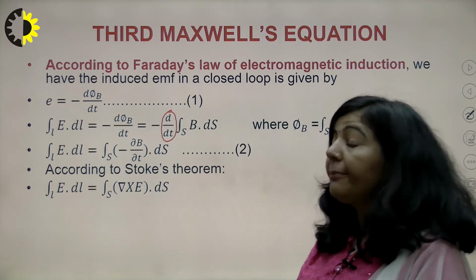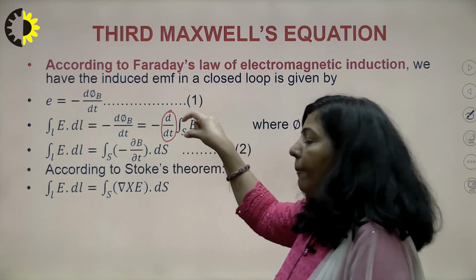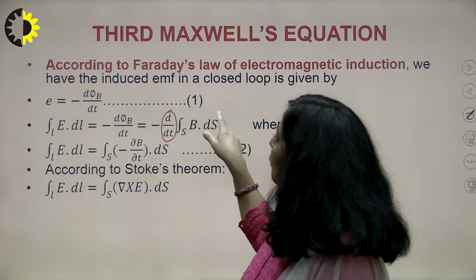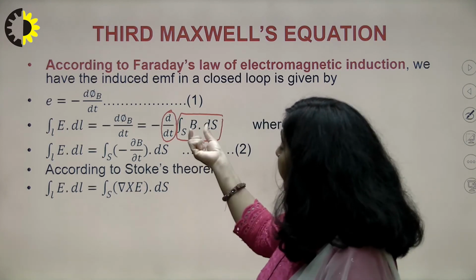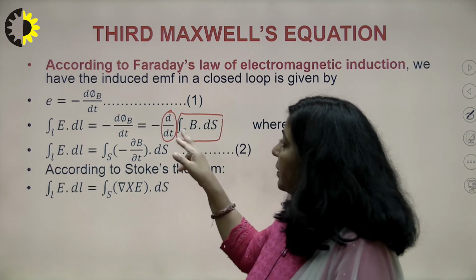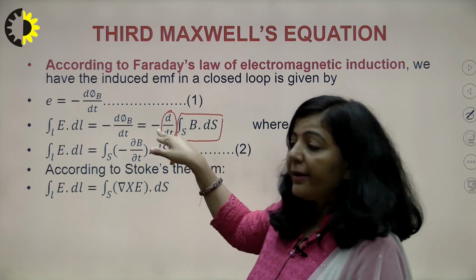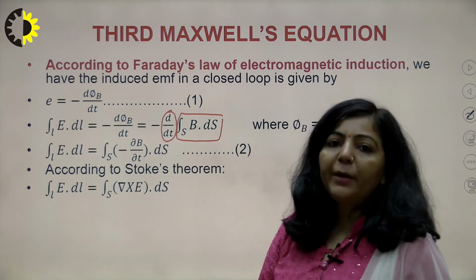You are differentiating with respect to t. Now this operator is applicable over this particular term, right? And here you have a surface integral of B. Then you are taking the derivative with respect to t. So you have two different operators there.